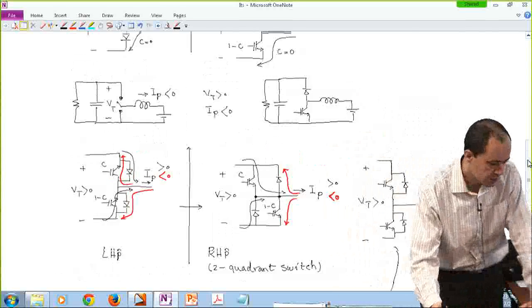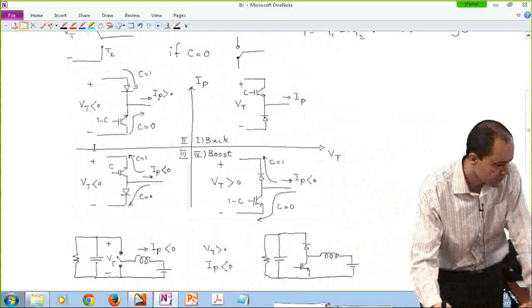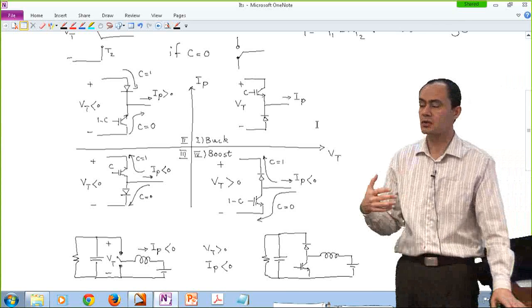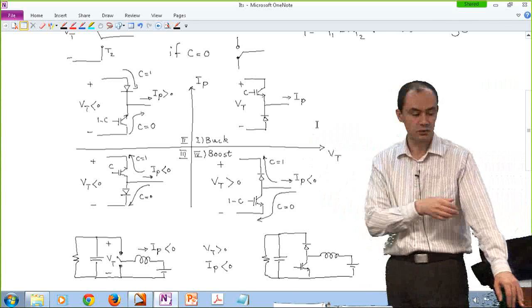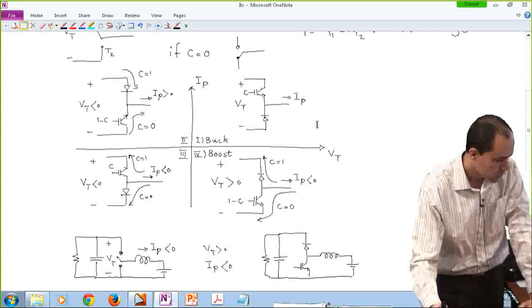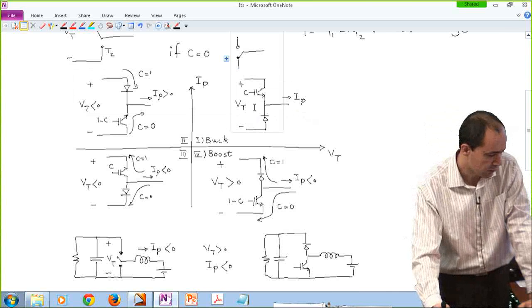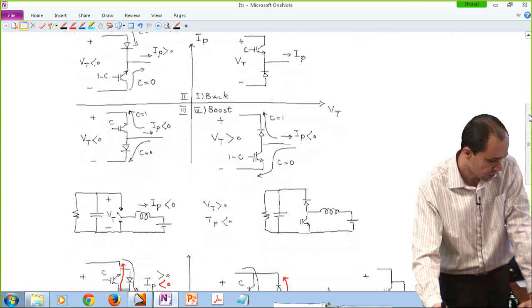So sometimes the voltage is bidirectional, like an AC voltage, but then the current is always positive. For instance, you have an AC source and you're supplying power to a resistive load. So in that case, we are looking at a top half plane switch. So we have to combine the first and the second quadrants. All right, so let's take a look at that.